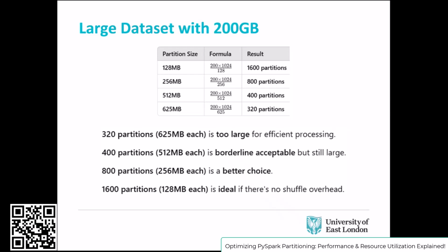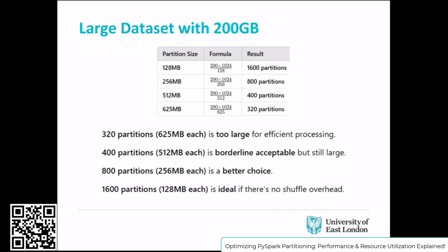In the best case, Spark doesn't crash but keeps your processing going, and you have to stop it manually. Again, what is the solution here? Let's just start with this one. 1600 partitions is ideal if there is no shuffle overhead.